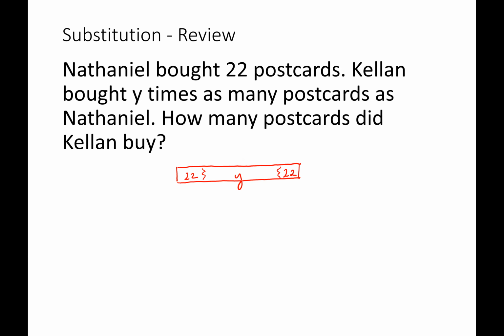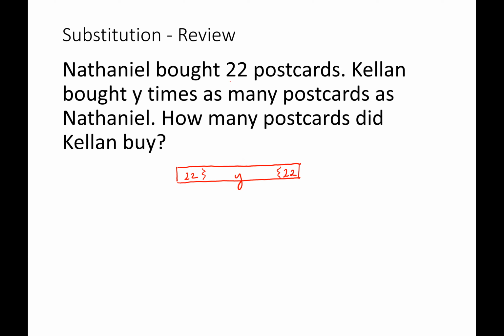But how could we write an algebraic expression for 22 times Y? Isaiah? No. How about Y times as many? How could we write an algebraic expression for that? Wait. That's a Y. Those are 22s and there's a Y in the middle. Maybe ignore the bar model for a second if that's tripping you up. Let's just read through the problem.